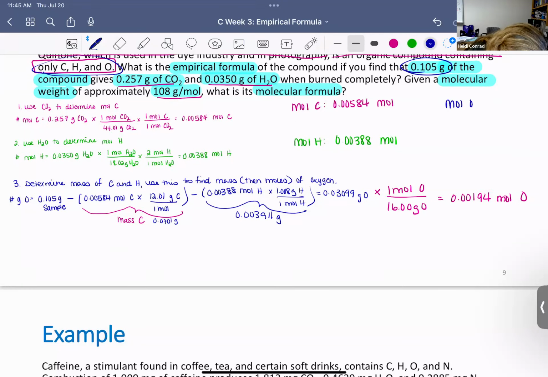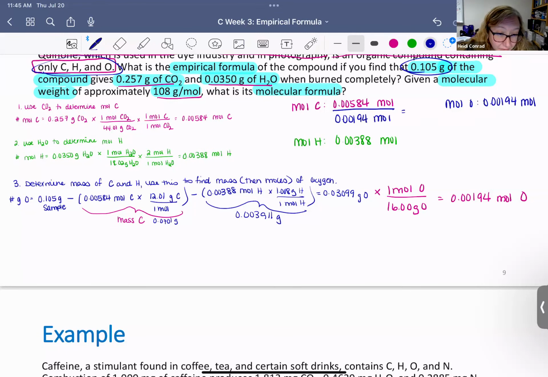Moles of oxygen, 0.00194. And divide all of them by the smallest number. I look at all three of them. I can see that of all three of them, the oxygen moles is the smallest. So I'm going to divide all of them by 0.00194.